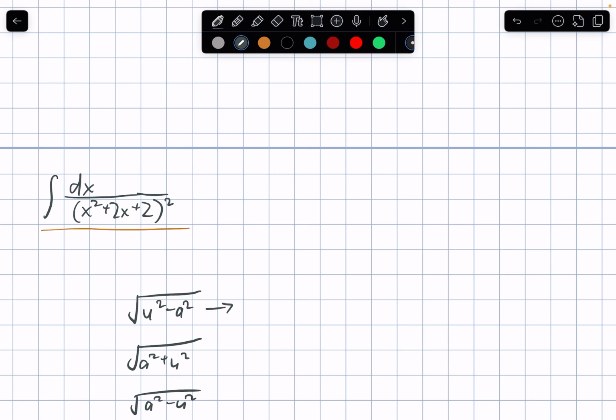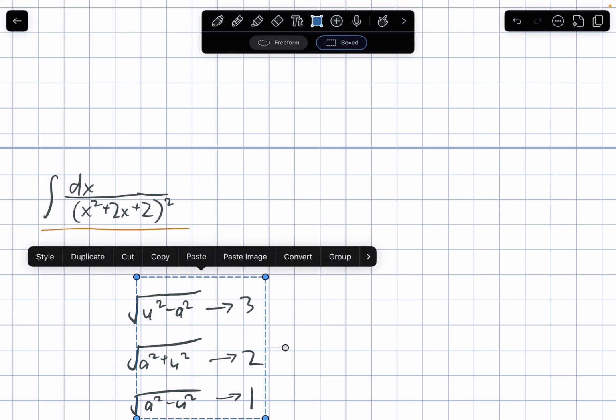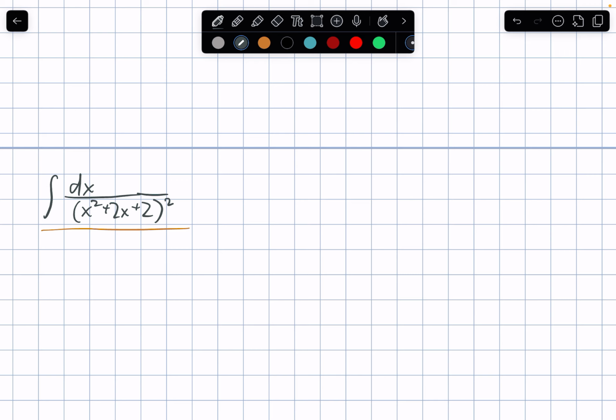So this is case 3, case 2, case 1. More on that later. Let's complete the square first.